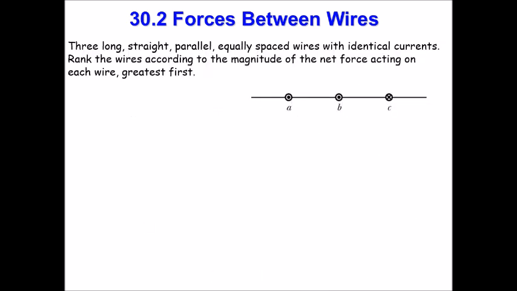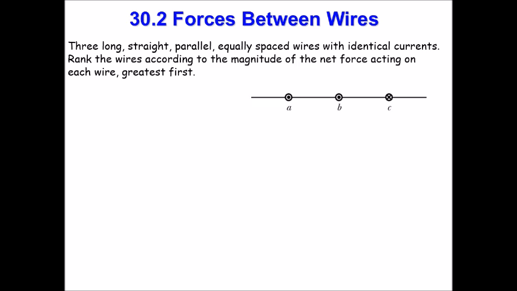So let's take here a checkpoint just to see your understanding. I will not solve it fully. You have three long straight parallel equally spaced wires with identical current. Where are these wires? Well, they are shown with this symbol.